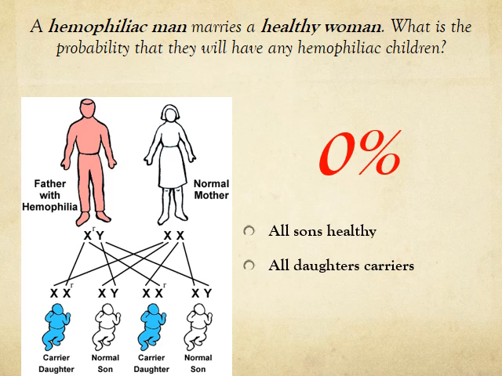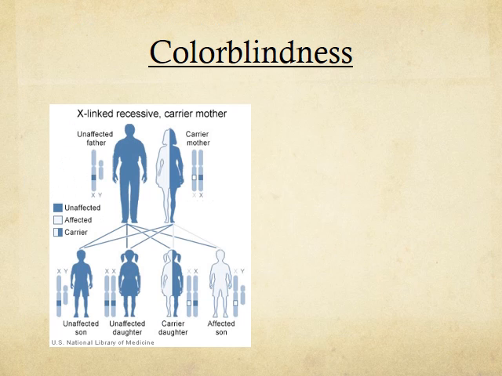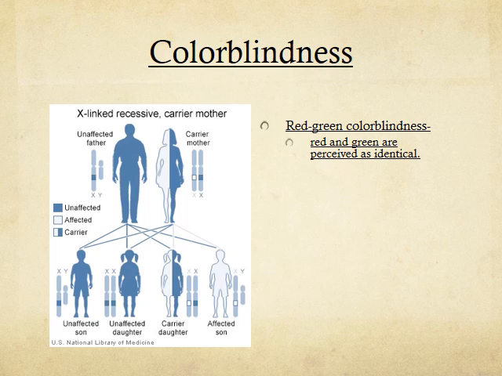So in this case, the daughters, no matter what, are receiving the X with the hemophilia from the father. So what this is trying to tell you is males get the X chromosome from their mother, and females get one X chromosome from their mother and one from their father. Now, colorblindness. Like we said before, there's a wide variety of different versions.